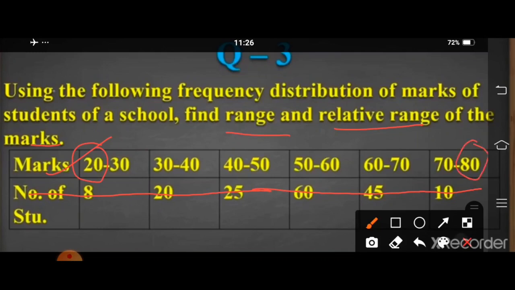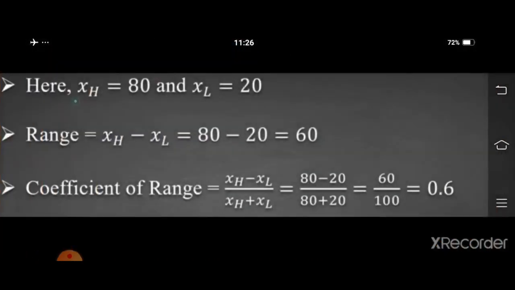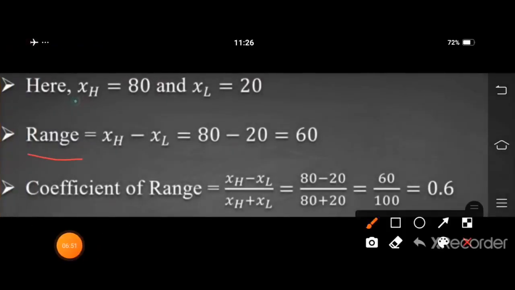Now we are going to solve the sum according to the formula. Range equals highest observation minus lowest observation: 80 minus 20 equals 60. Coefficient of range is xh minus xl divided by xh plus xl: 60 divided by 100 equals 0.6.